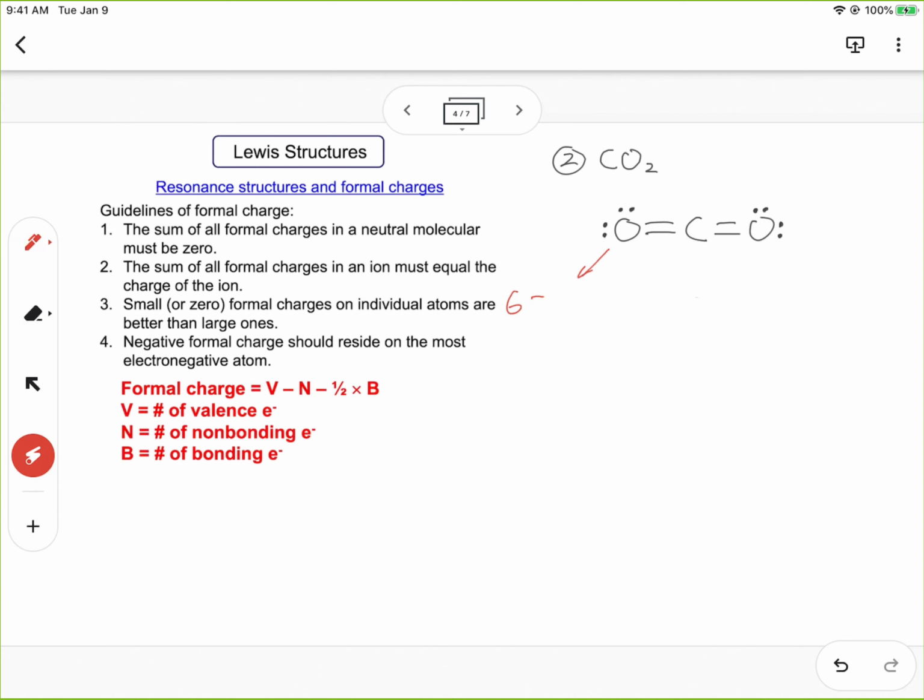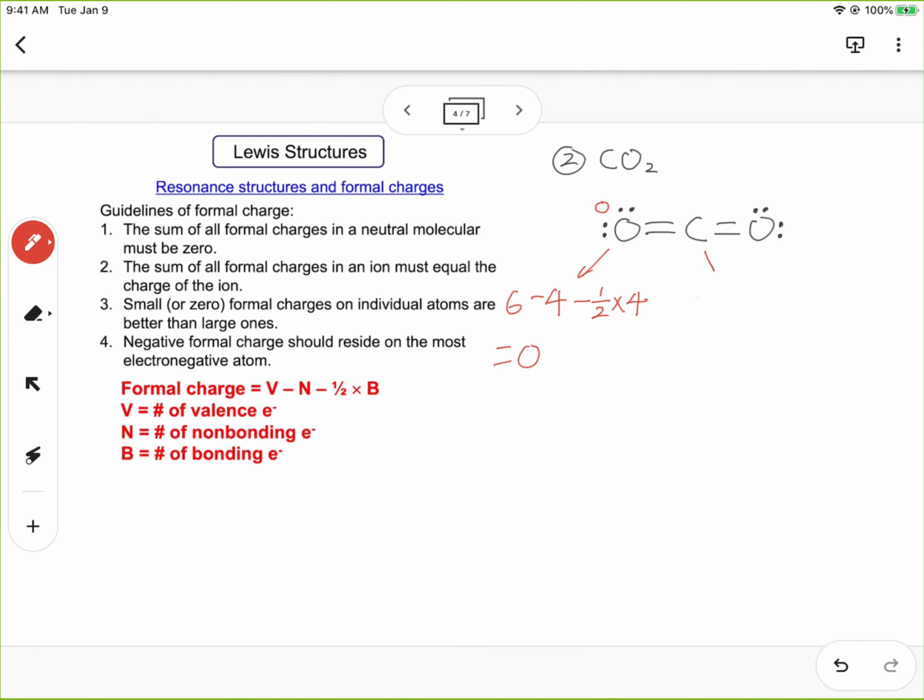These electrons are not shared by oxygen with any other atoms, so they belong to oxygen only. So 4, minus half of bonding electrons. This oxygen has a double bond, which represents 4 electrons. If you do the calculation, it would be 0. We label 0 right beside the atom.